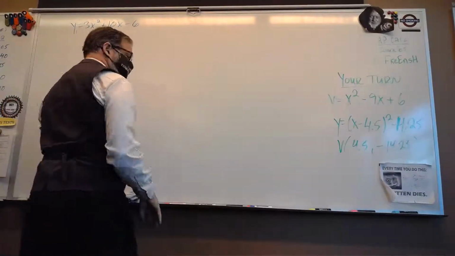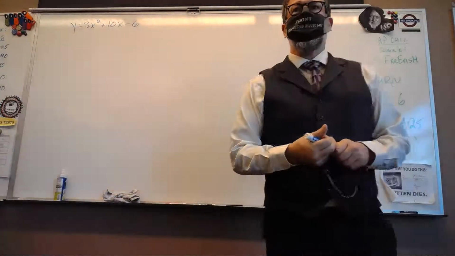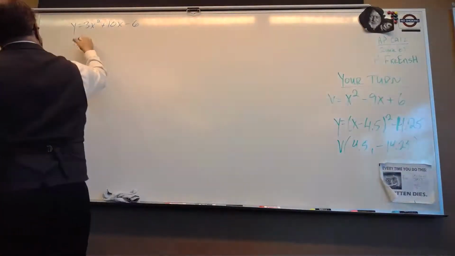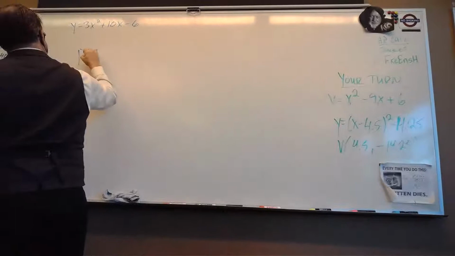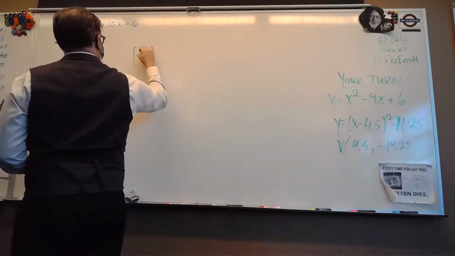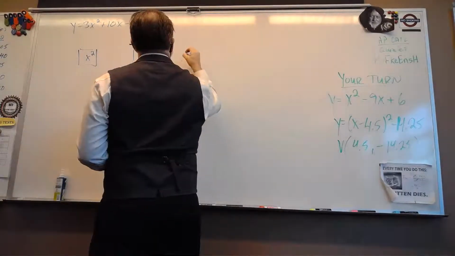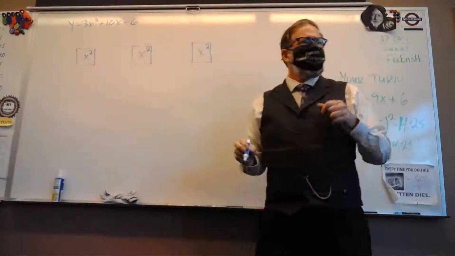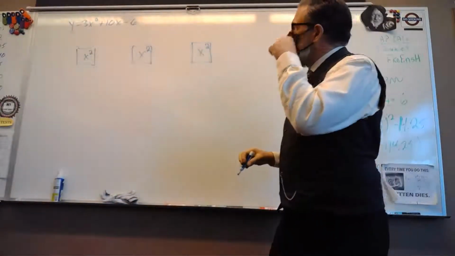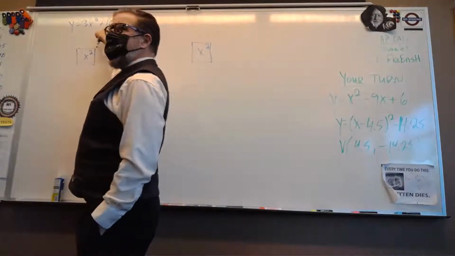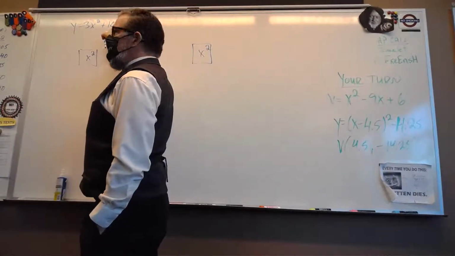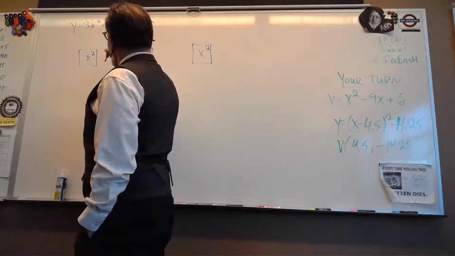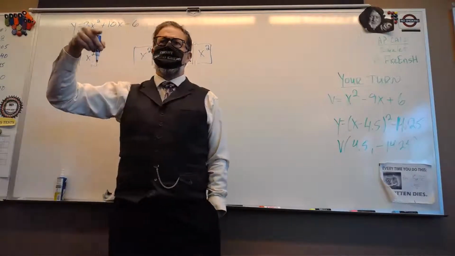What I've got to do instead is make 3 identical squares. I'm going to make one square, a second square, and a third square. And since I started with 10 of these, each one gets 10/3.